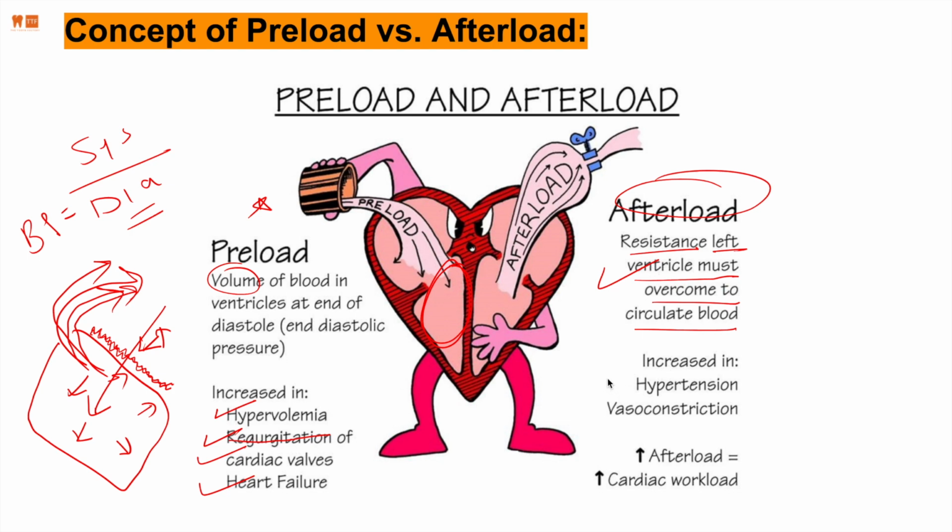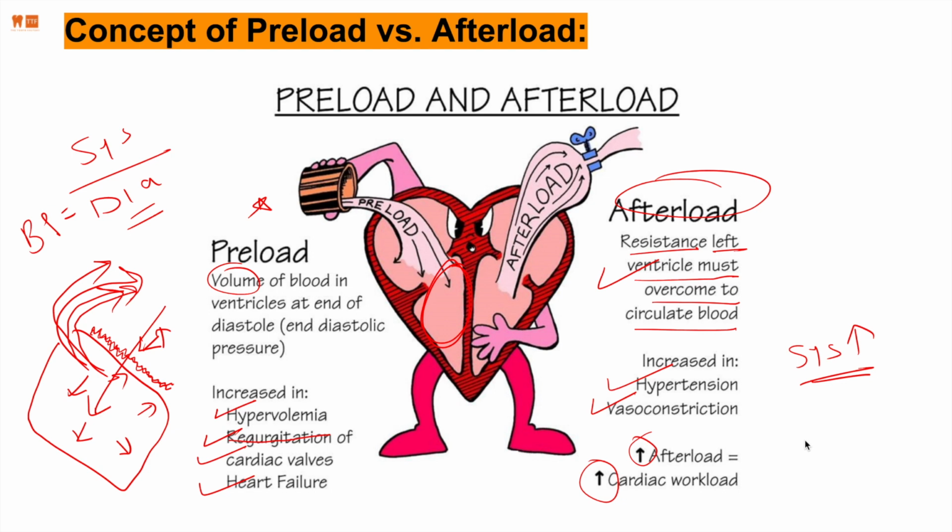It is increased in hypertension and vasoconstriction. Whenever there is high blood pressure, generally more systolic in this case, or vasoconstriction, that is when afterload is increased because the heart has to work more. So the load that the heart must put in to remove that blood from the left ventricle is high, and that is known as afterload.